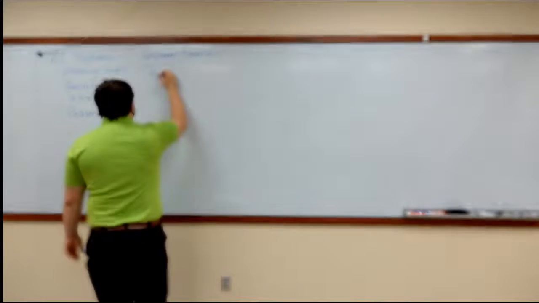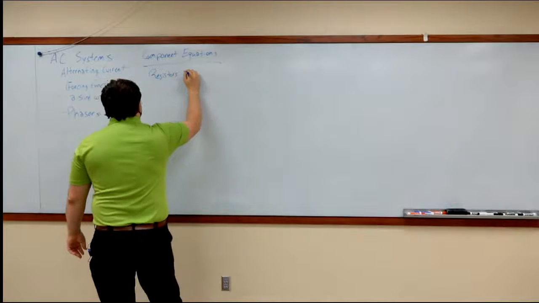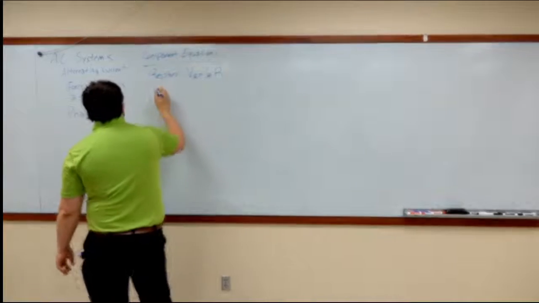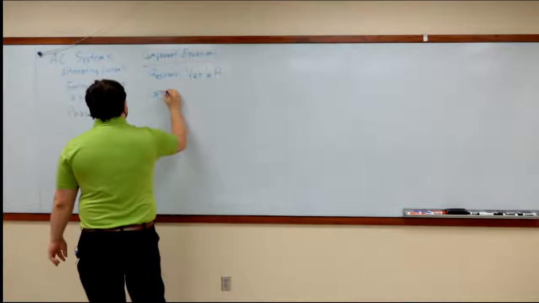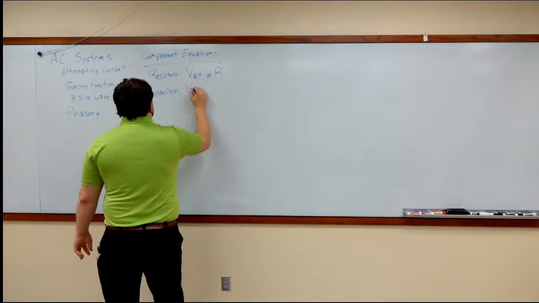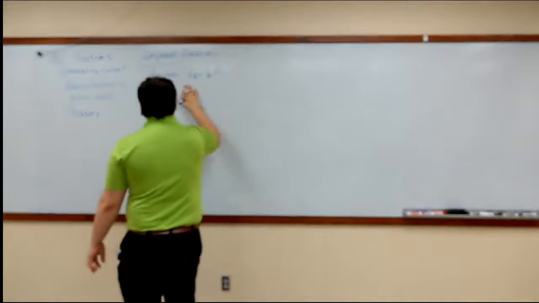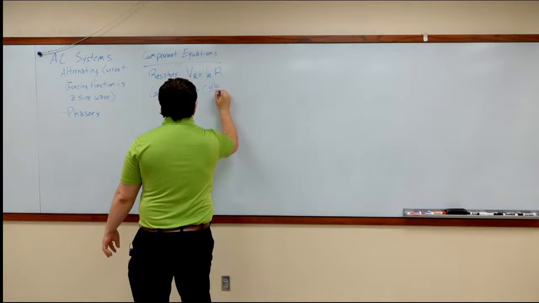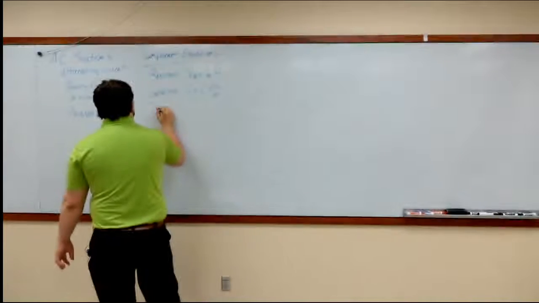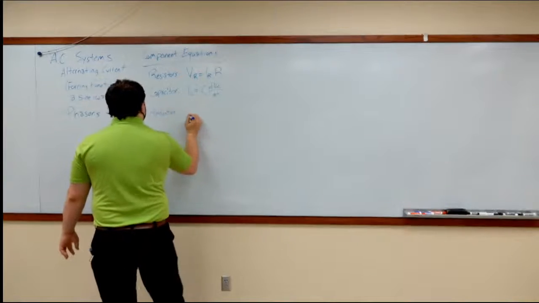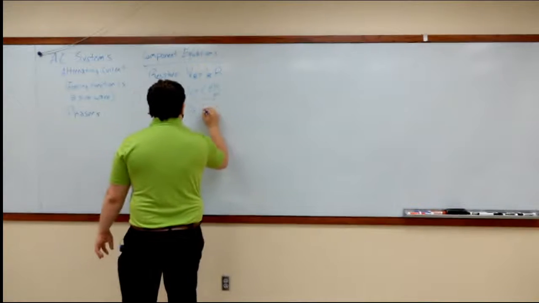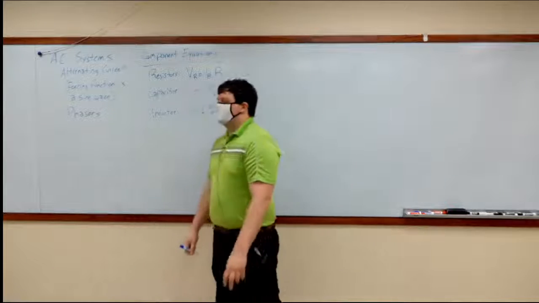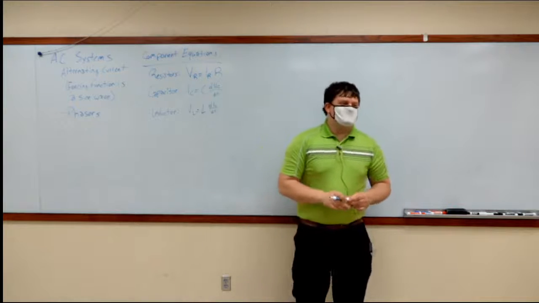For resistors, it's VR equals IR times R. For a capacitor, IC is equal to C dVC dt. And for an inductor, VL is equal to L dIL dt. Okay? So this is nothing new.